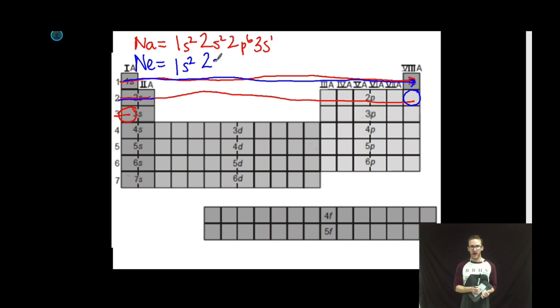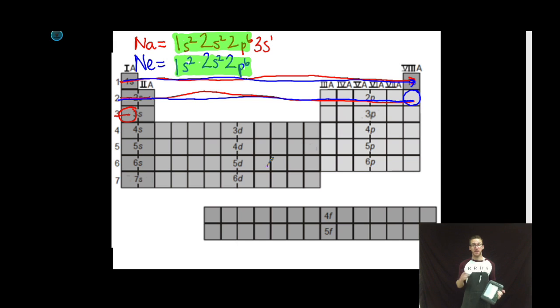Let me now write the electron configuration for neon. 1s2, 2s2, 2p6. Boom. Neon. What you should recognize is that this part of the electron configuration of sodium is identical to the entire configuration for neon.